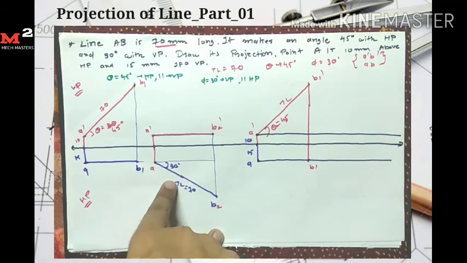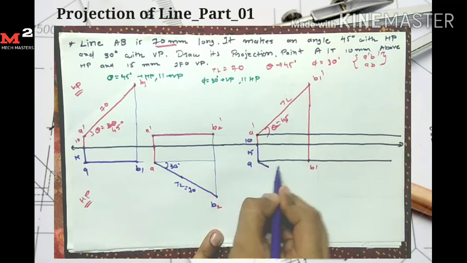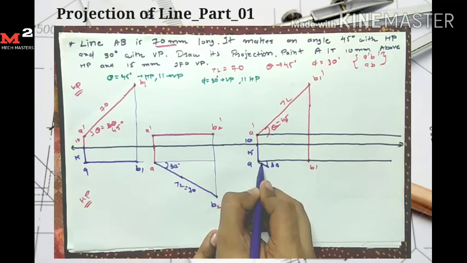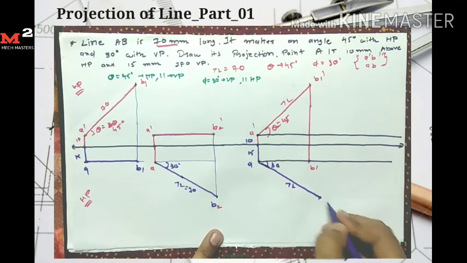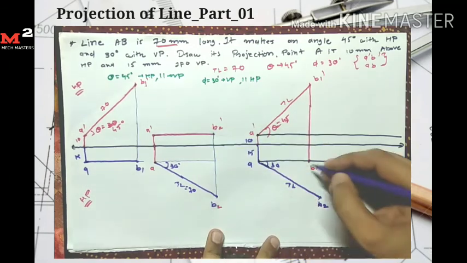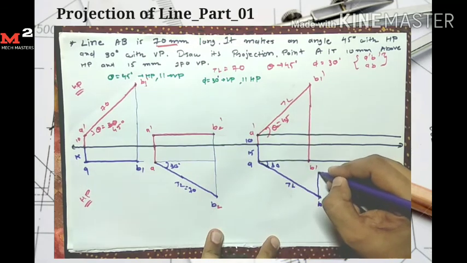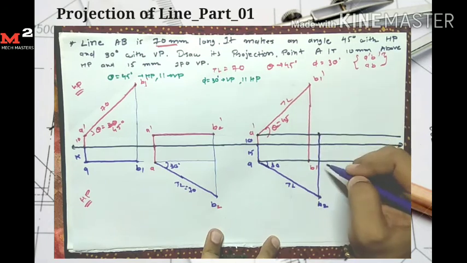Now I draw this case. From point A I measure the angle equal to 30 degrees and length equal to true length. So here I get the point B2. Now from B2 I draw its projection up to the locus of A dash.